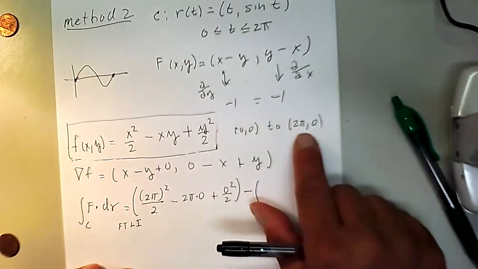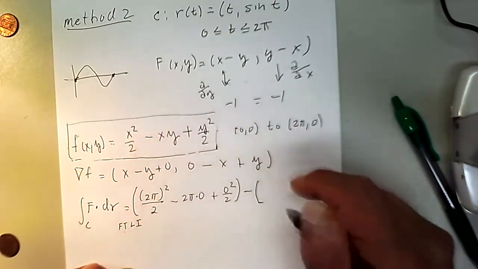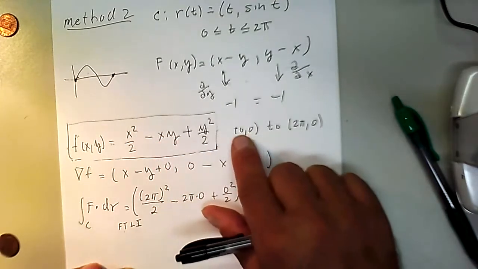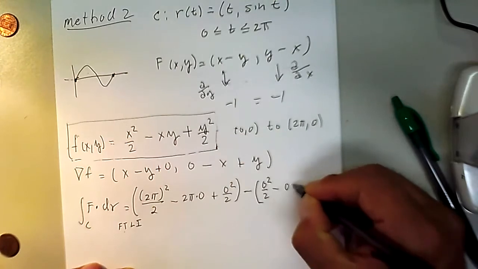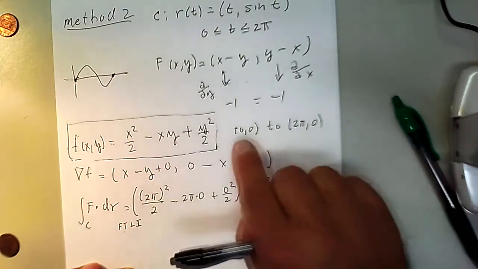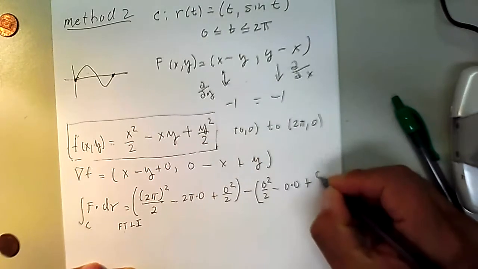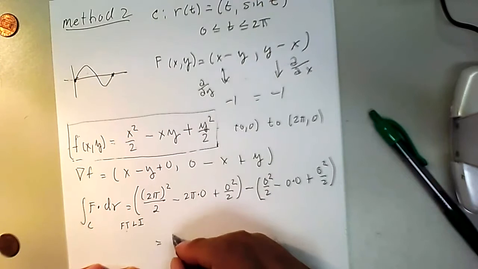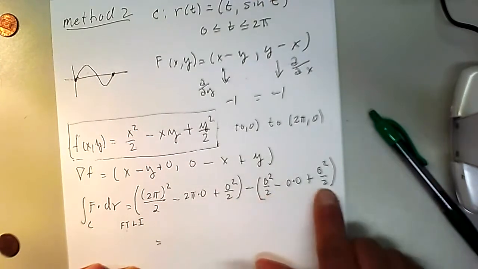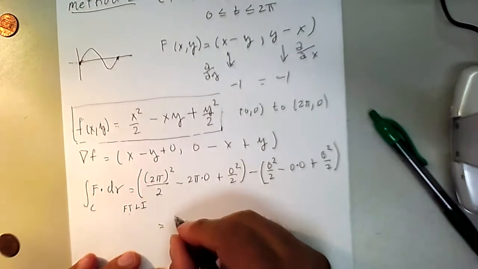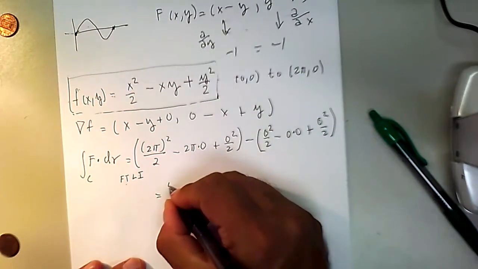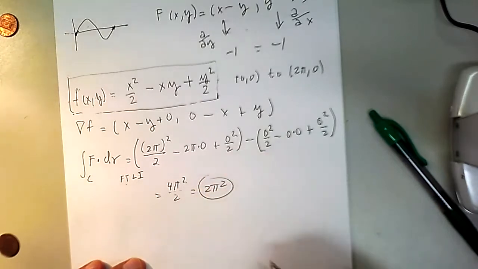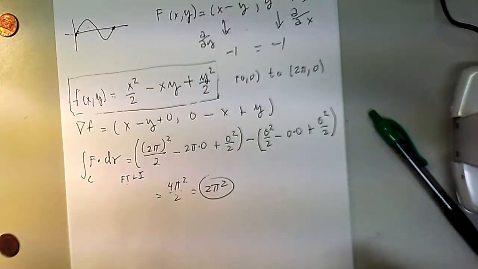So now we're going to plug in 0, 0. 0 squared over 2 minus 0 times 0, because we're plugging in 0, 0, plus 0 squared over 2 again. So of course that is a bunch of zeros. So that's going to be 4 pi squared over 2, which is 2 pi squared. Bingo. Same answer as we had earlier.